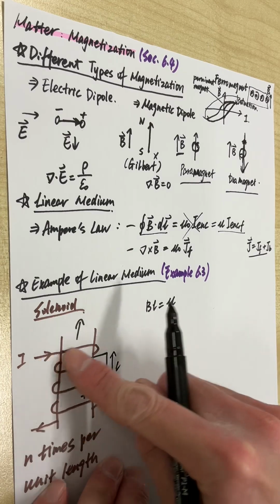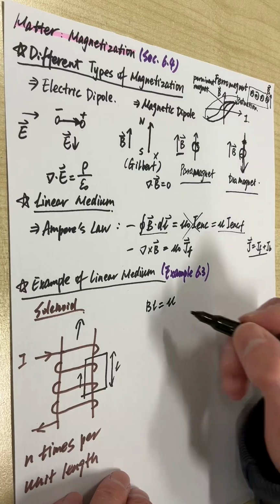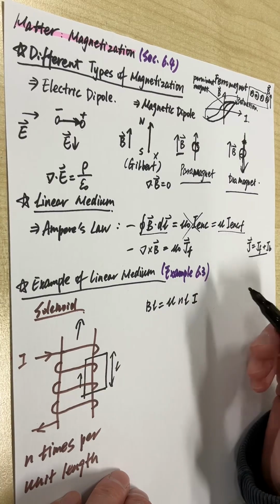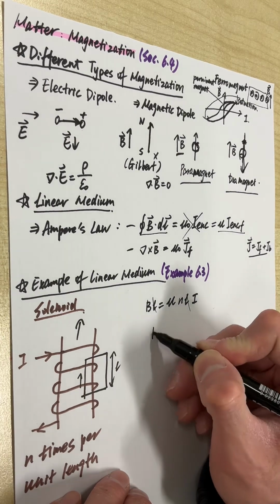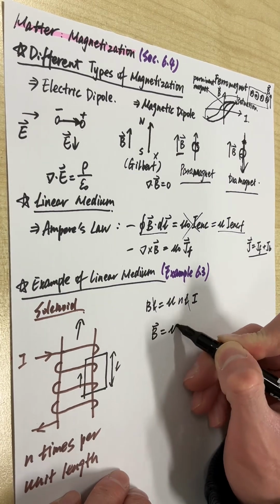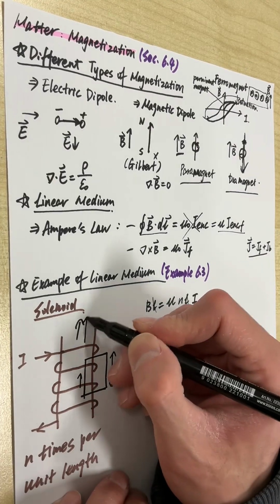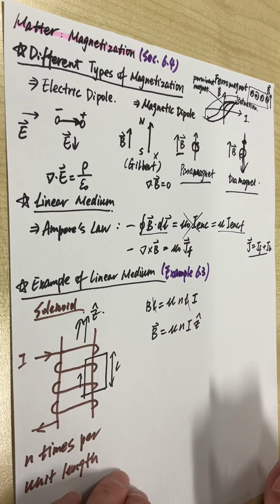Free current is what we put there. So we have mu NLI. So L can be deleted. So basically B equals mu NI. And if the up direction is the Z direction, we have Z here.